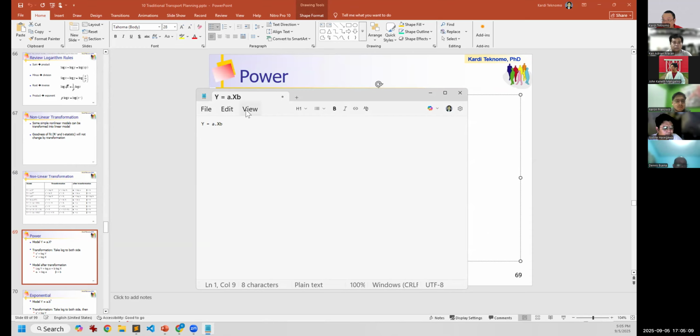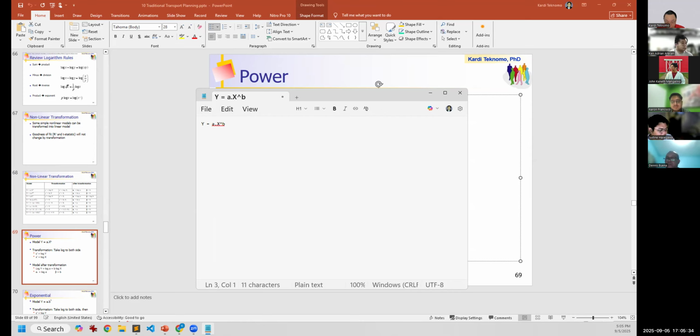Is it too small? So our model is y equal to a times x exponent p.